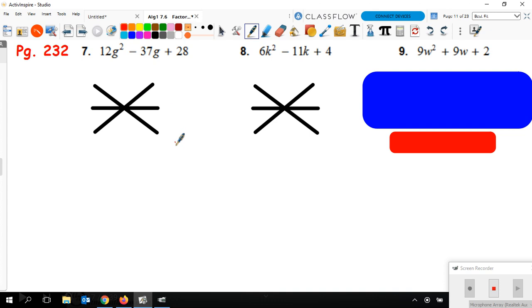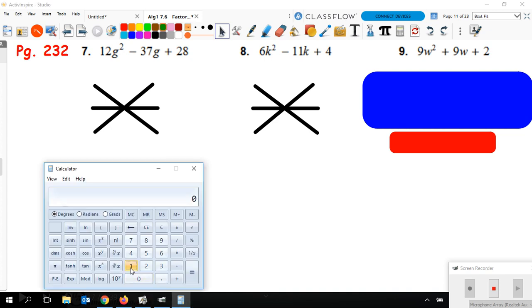So we're just going to start with figuring out what's going to be in here. Now we're going to start with 12 times 28, something of a big number. We can multiply it on the side. I'm just going to use a calculator for that, just to do it really quickly. So 12 times 28 is going to give us 336.